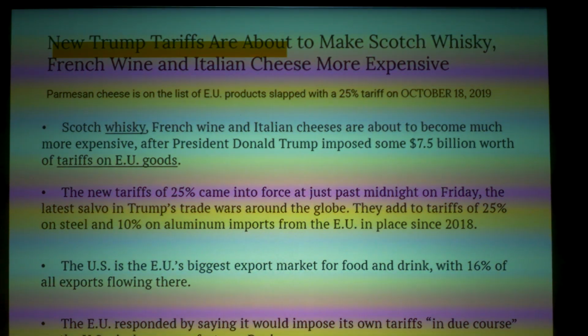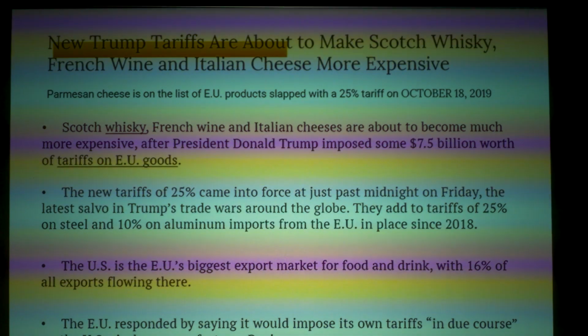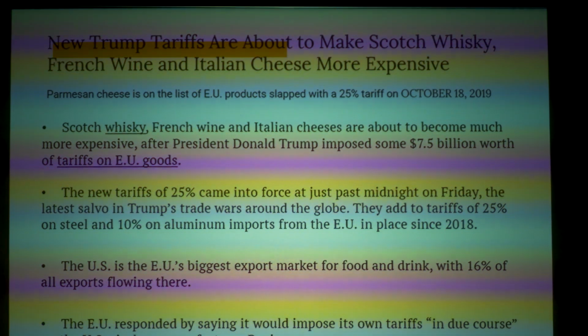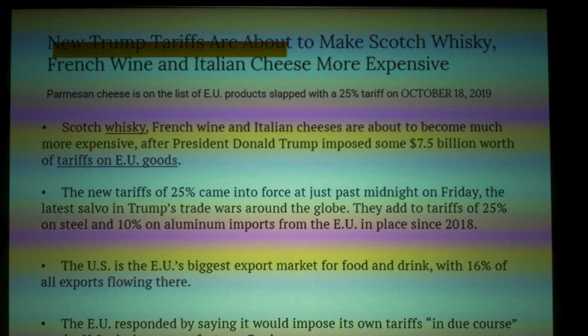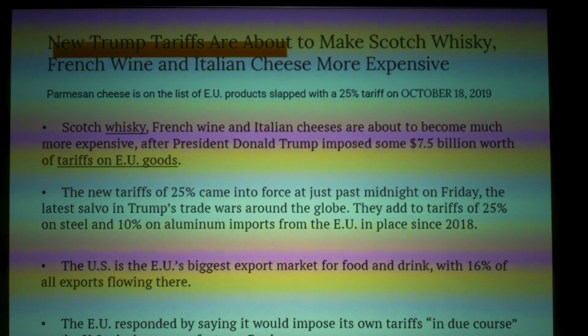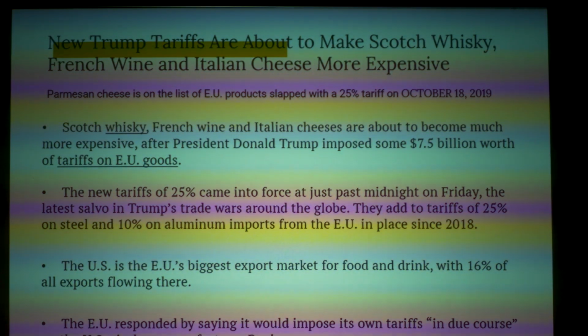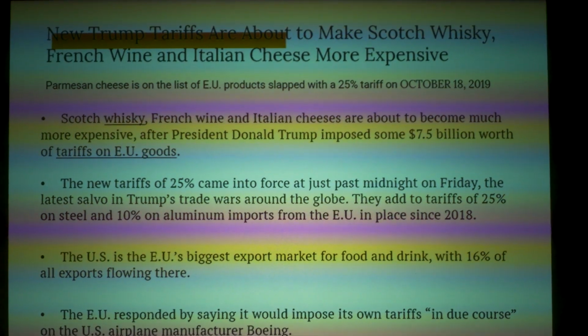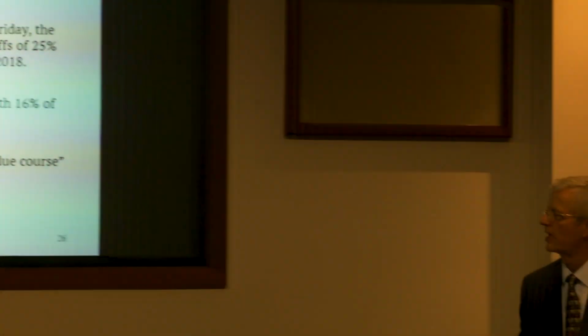And they add to those tariffs of 25% on steel and a lower tariff of 10% on aluminum. The U.S. is the EU's biggest export market, so this is significant. The EU responded by saying it would impose its own tariffs in due course on the U.S. airplane manufacturer Boeing, which is, of course, a big export product from the United States. So it's another example of a tariff that was put in place.